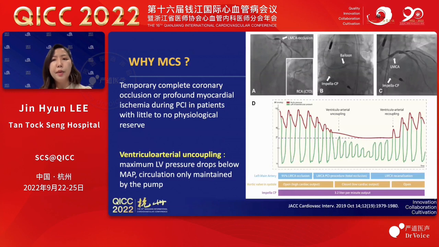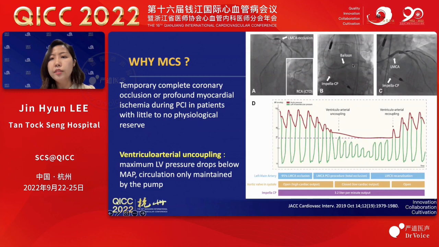This is the JACC paper that lays out the hemodynamics very well. They illustrate a case of a very tight distal left main with an RCA CTO, a patient who has very little physiological reserve. As you can see, there's the aortic pressure and the LV intraventricular pressure.